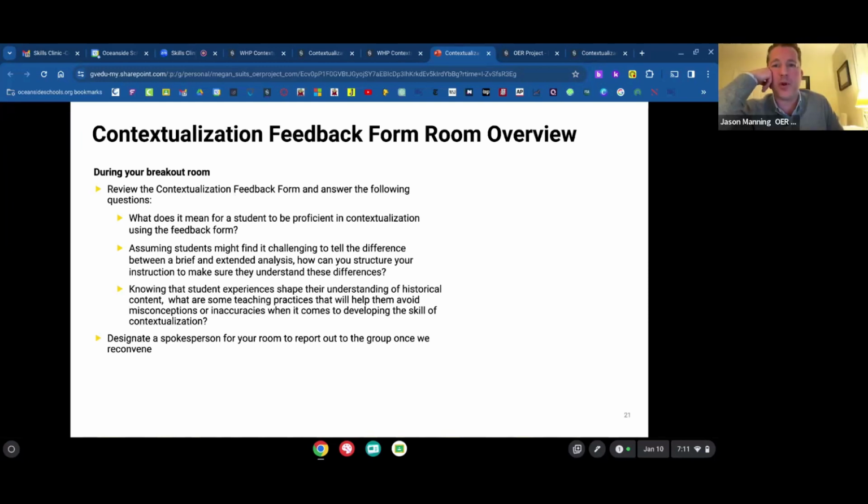That's an excellent point. As we were coming back from the breakout room, I thought about the questions that are on the screen, and I hesitated with the first one. What does it mean for a student to be proficient in contextualization? I feel like I'm still working on becoming proficient in contextualization. I think it's one of the reasons why I like teaching history, because I like studying history, and I consider myself a lead student first. And every time I read something and it provides more context for events that I found interesting, it's like, wow, I didn't know that.